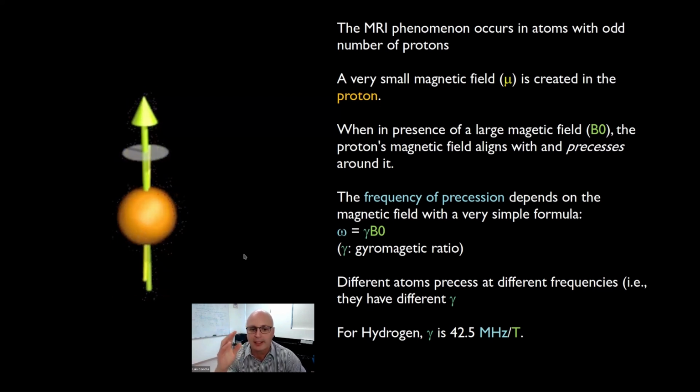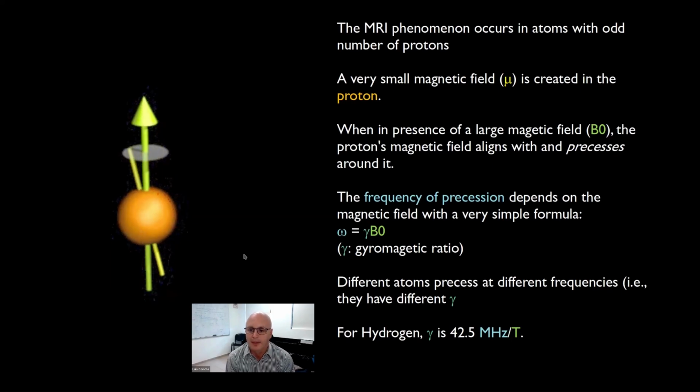But not only that, it starts to precess around it. And this term precession is exactly what you're seeing in the animation. It is essentially like wobbling around the main magnetic field, like a gyroscope would wobble around the axis of the gravity when it starts to topple down.